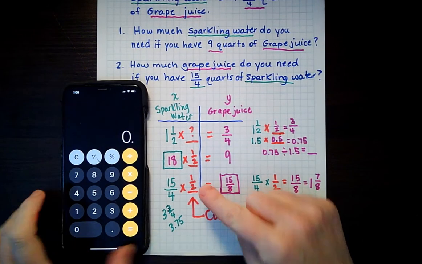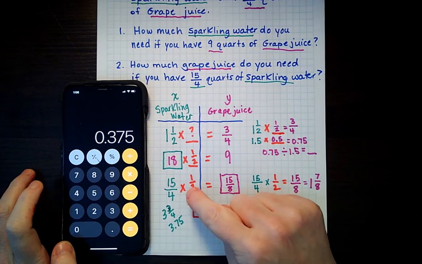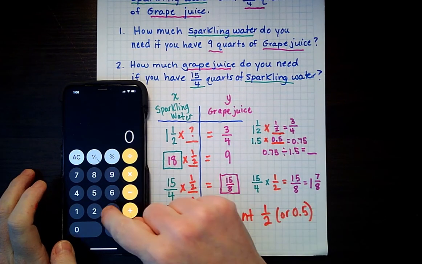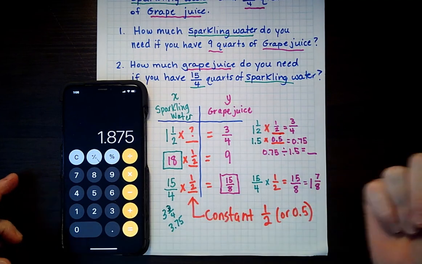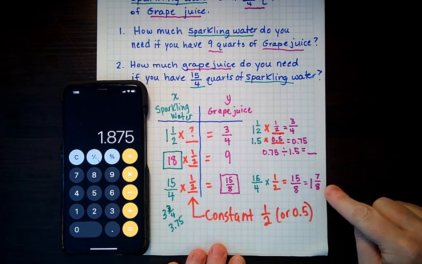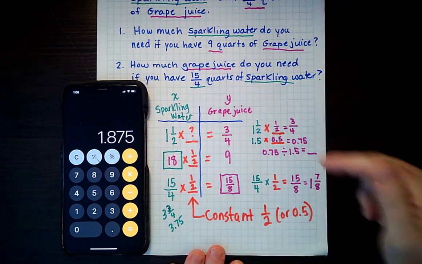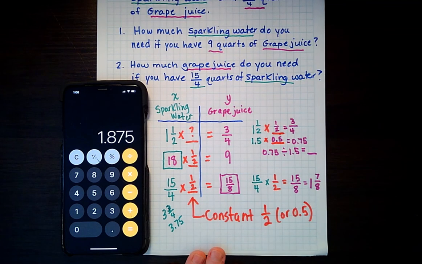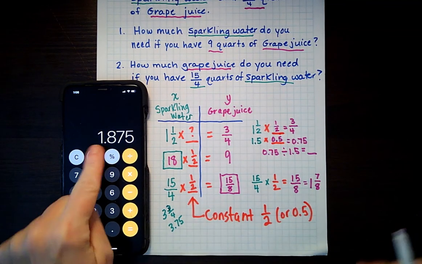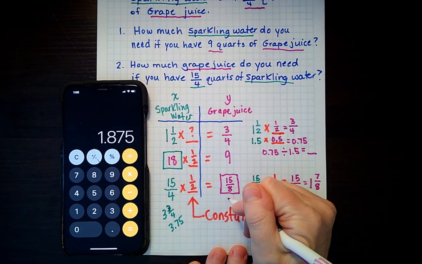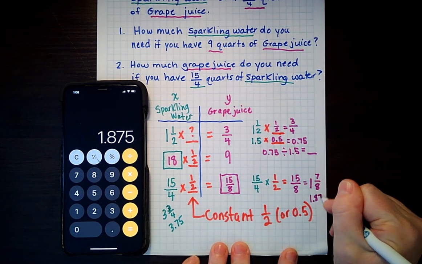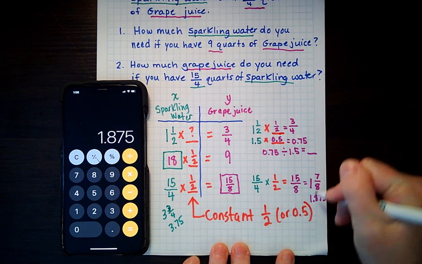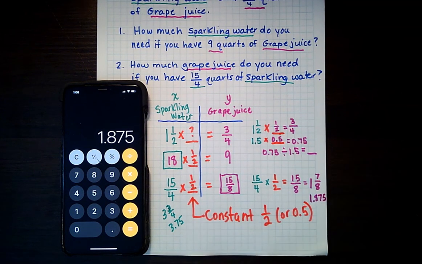So watch, I'm going to use decimals. 3.75 times 0.5. And look at my answer. It's actually 1 7/8. This decimal is equivalent to 7/8. You may or may not know that, and that's fine. That's why I told you if you put 1.875 into the calculator, I would have accepted it, because all of this is the decimal form of the fraction 1 7/8.